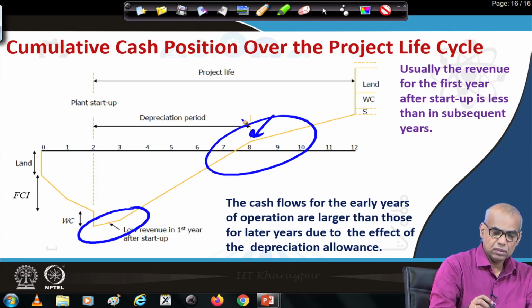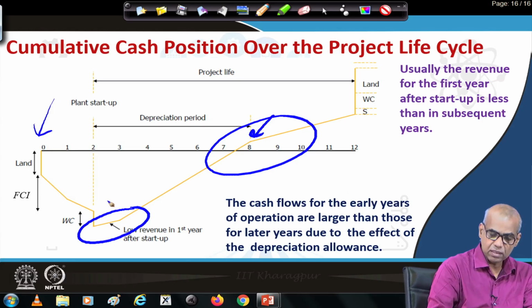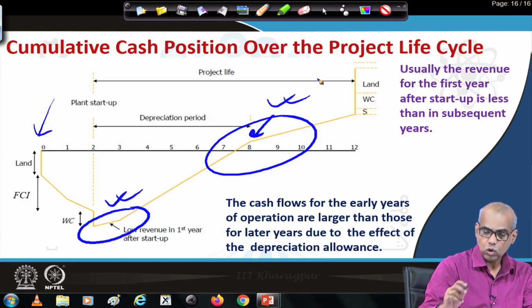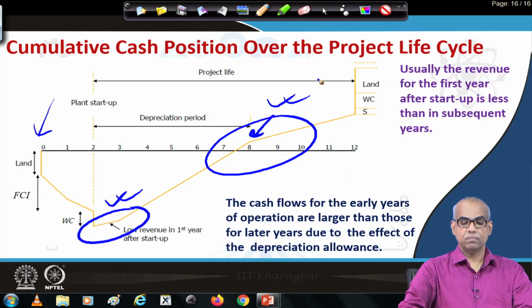Also, the time 0 is indicated differently in this diagram, but here these are the 2 points which we wanted to make clear. So, the cash flows for the early years of operation are larger than those for later years due to the effect of depreciation allowance.